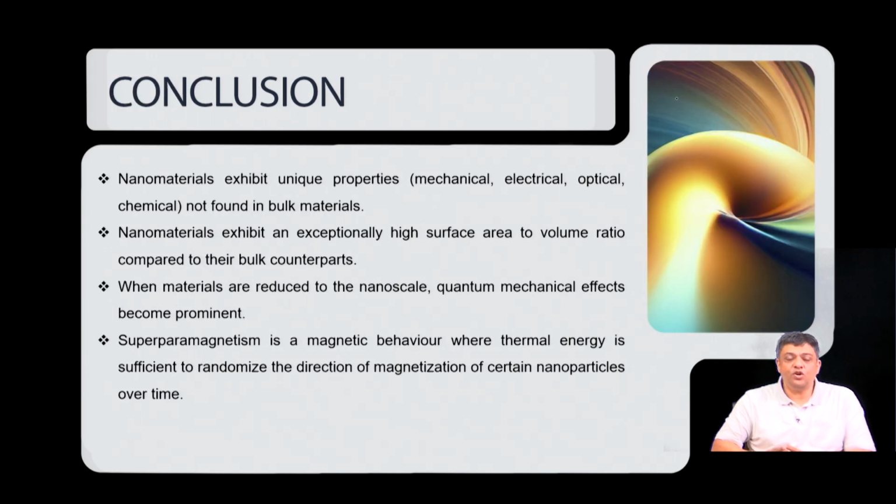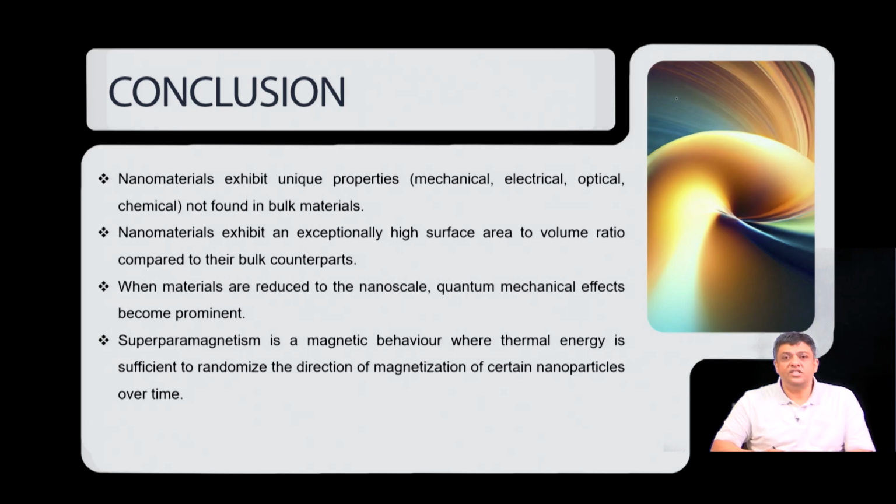Let me summarize. So, what we have seen, that in continuation to the first 2 lectures where we gave an introduction to the field of nanomaterials and nanotechnology, today we have talked about the need and the application areas where these nanomaterials are being utilized.